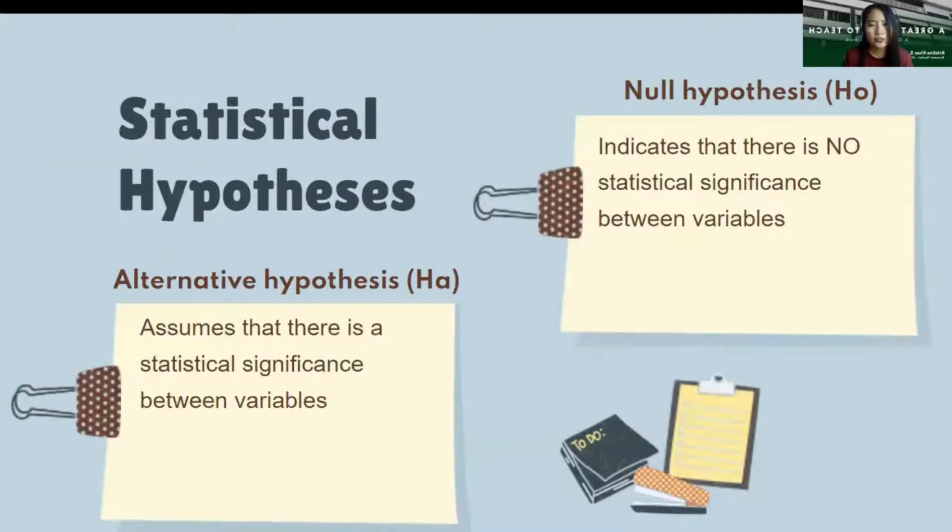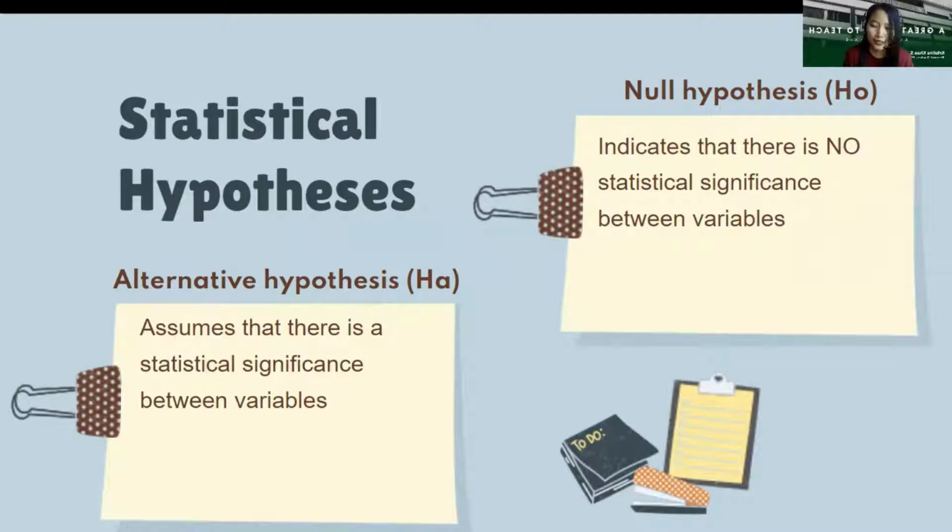Talking about hypothesis, there are two different kinds or types of statistical hypothesis. We have null hypothesis, which is represented by H0, and alternative hypothesis represented by HA. When we say null hypothesis, it indicates that there is no statistical significance between the variables.